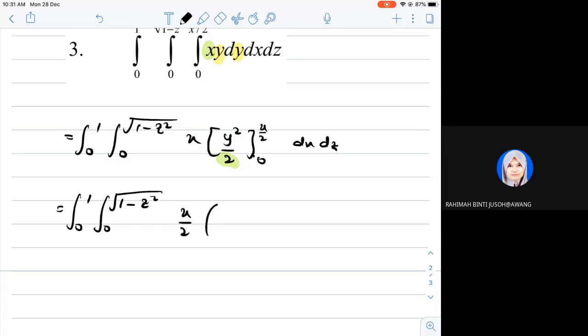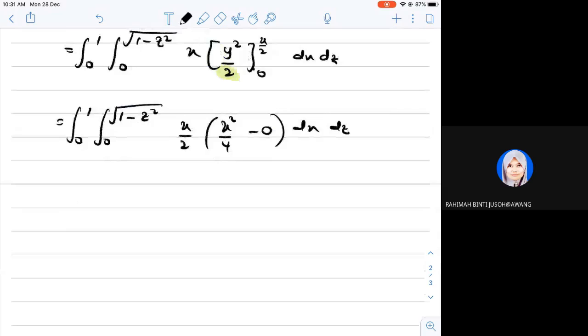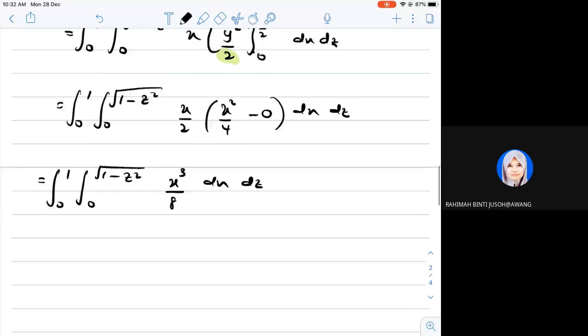So we will have x squared over 4 minus 0, dx dz. We need to multiply with x over 2, so we will get x cubed over 8, right? And then dx dz. Now we can integrate this.